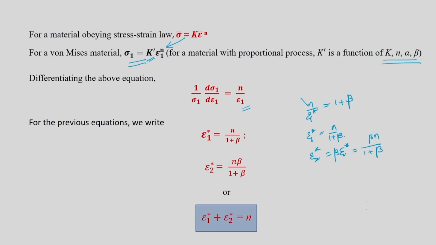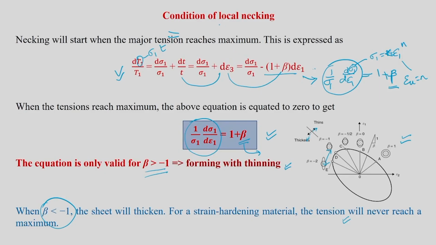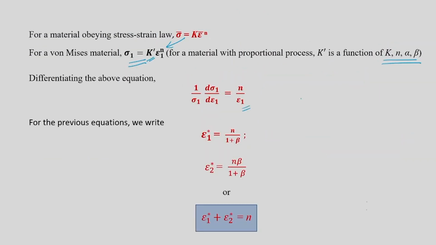We assume that beta is going to remain the same even at maximum tension, during local necking, but it may not be true. We will see that. Still you are going to have this particular equation: epsilon 1 star equal to n by 1 plus beta, and epsilon 2 star equal to beta into n divided by 1 plus beta.